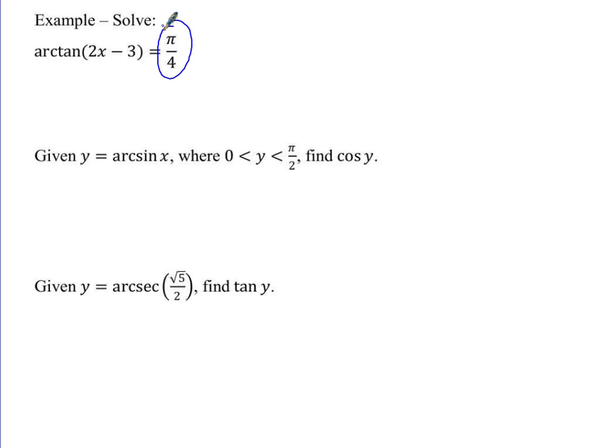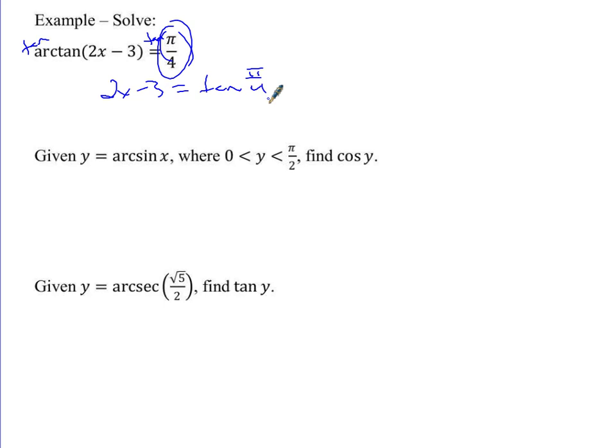So between -π/2 and π/2, and π/4 is between those values. I'm looking at range because this is an answer, and answers are your range values. So our range is in the correct region, which means that I can take the tangent of both sides. When I do that, the tangent of arctangent goes away, and I'm just left with 2x minus 3 equals tangent π/4.